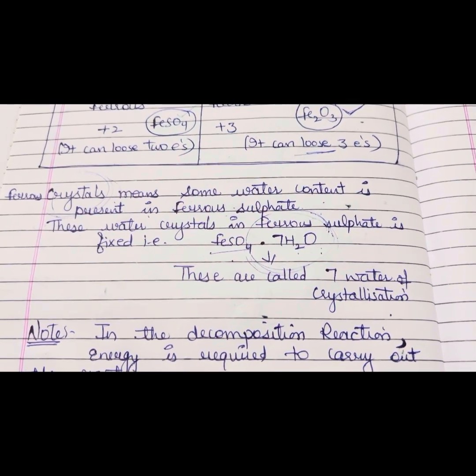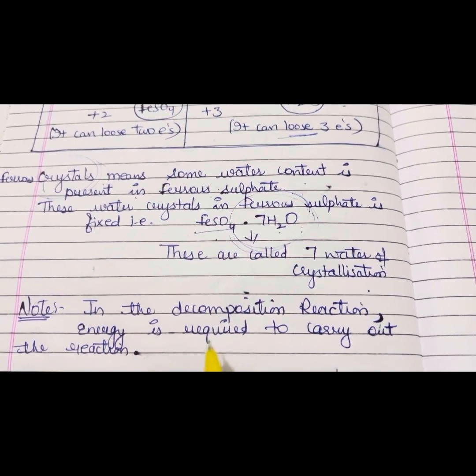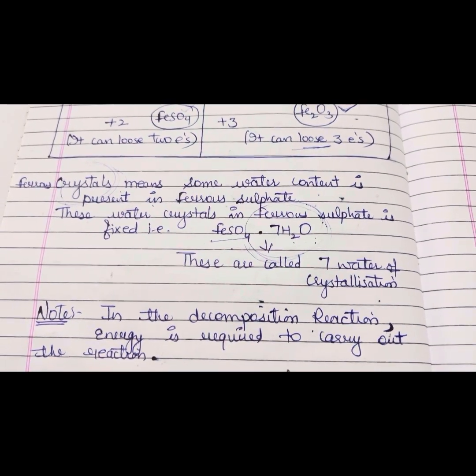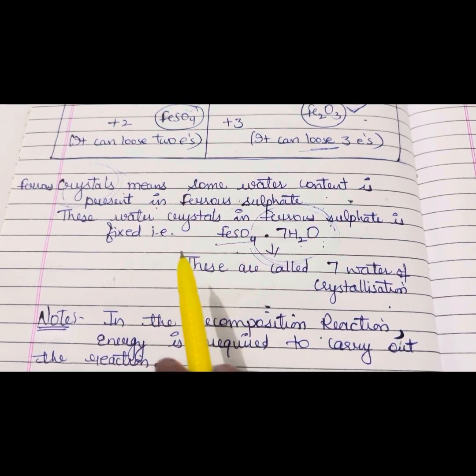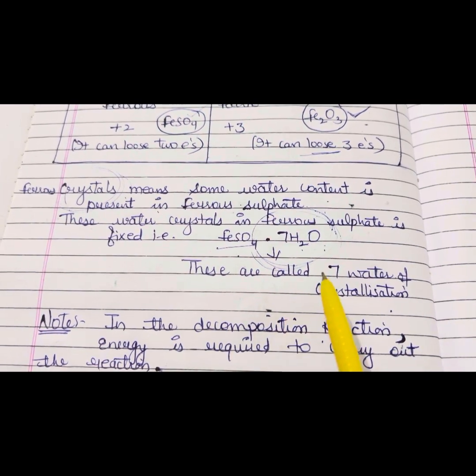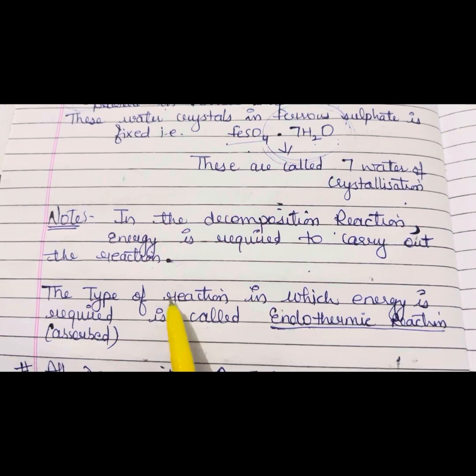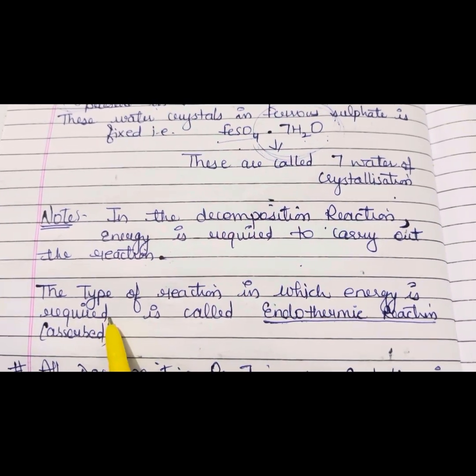So in this reaction, the important note is that in a decomposition reaction, energy is required to carry out the reaction. Energy may be in the form of heat, light, or sunlight.